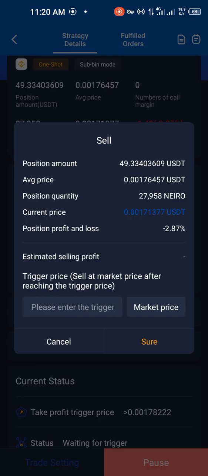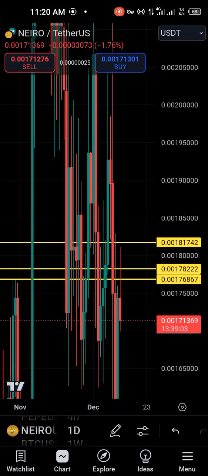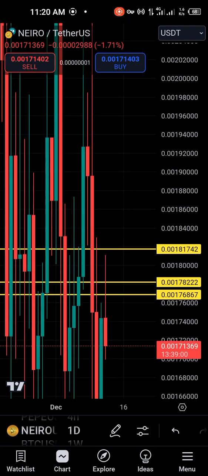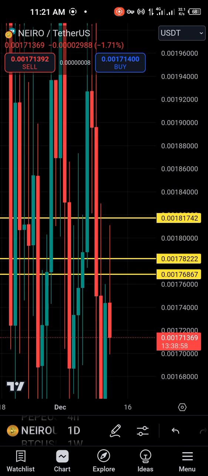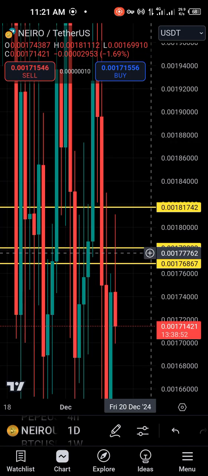Where can you get 0.5%? You come to your TradingView here and you open up this stuff very well so you can see. So from here to here is already 1%, but you want to take below that 1%, that's within this place, maybe just around here.